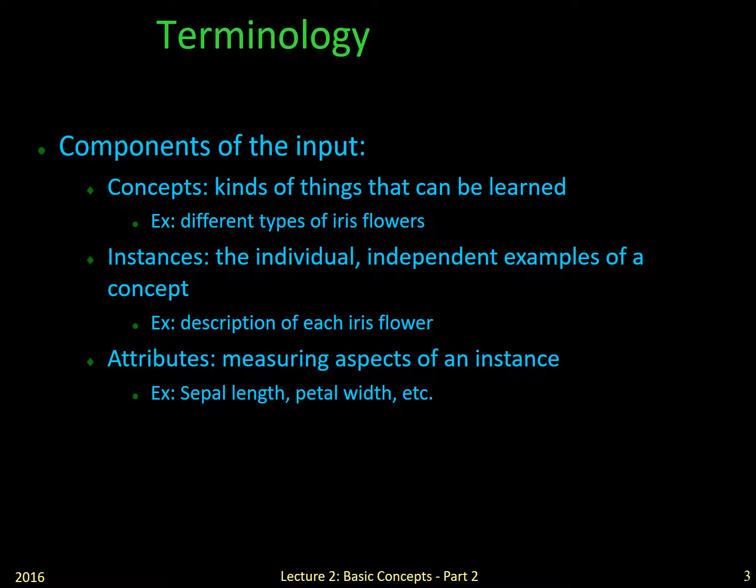Attribute values are the actual measurements of these attributes. For example, 3.1 centimeters or 0.1 millimeters and so on. Often in language technology, attributes are called features.